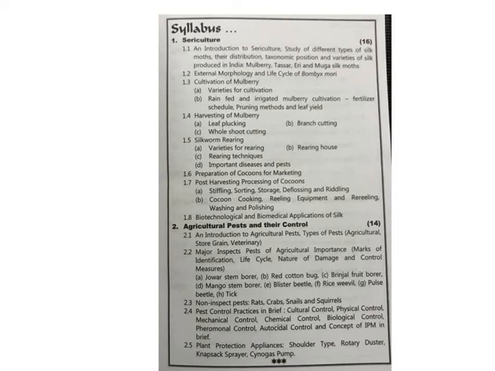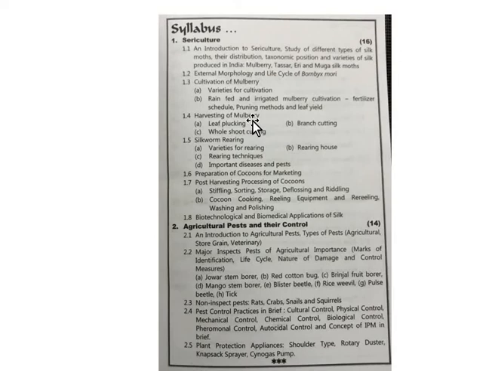Now the last point of the second chapter is plant protection appliances such as shoulder type and rotary duster, knapsack sprayer and cyrogas pump. So this is about the syllabus of the second paper, that is applied zoology.